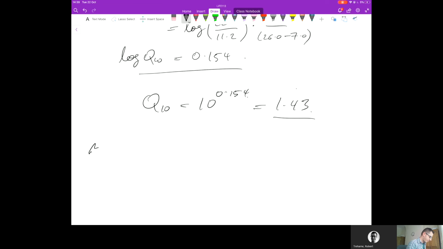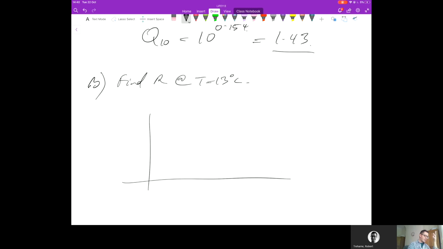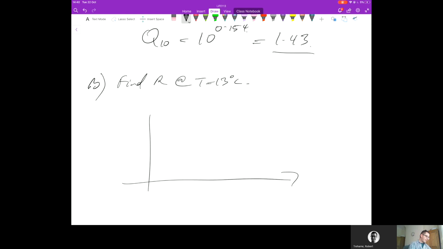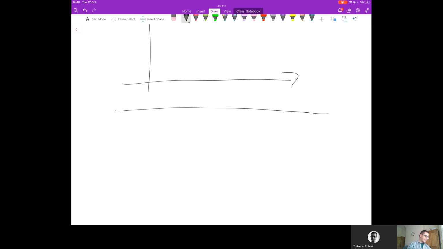B. Find the respiration rate at a temperature of 13 degrees Celsius. So this time, I've given you 2 data points. Oh, hang on, I did promise I would try and calculate this without using logs. Let me go back here a second, and let's do R2 equals R1 Q10 to the power T2 minus T1 over 10.